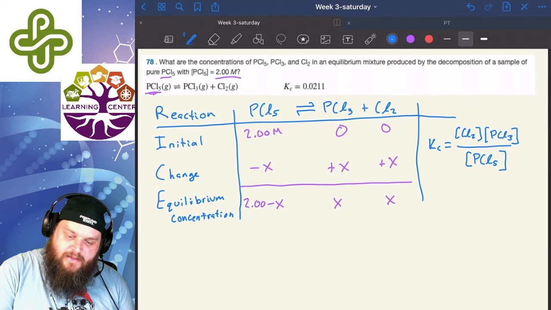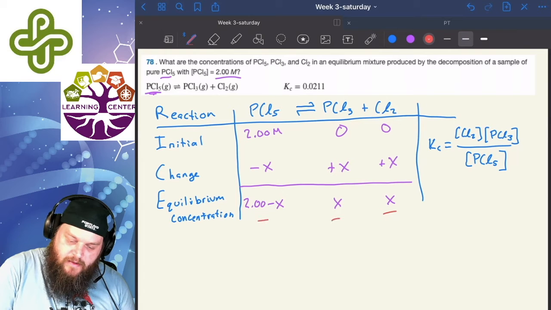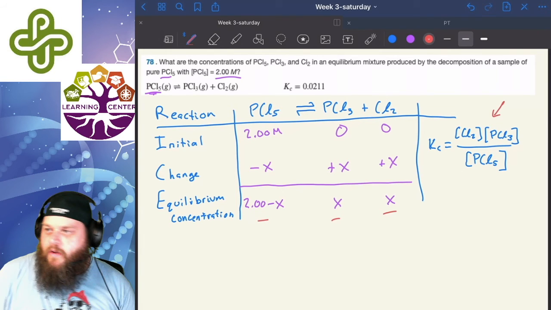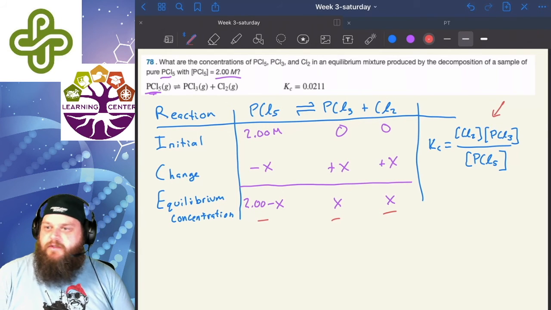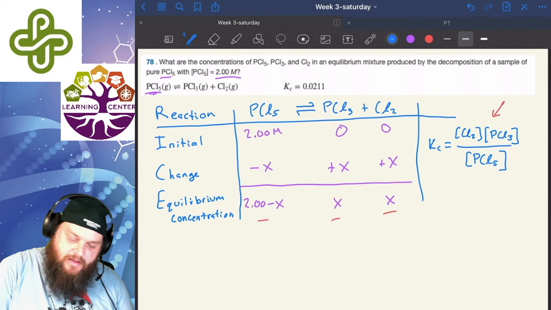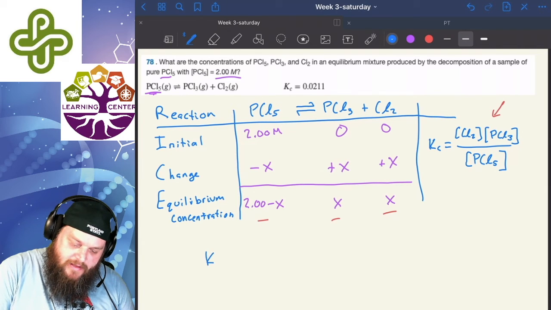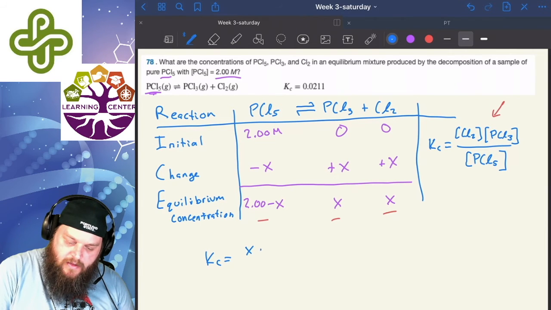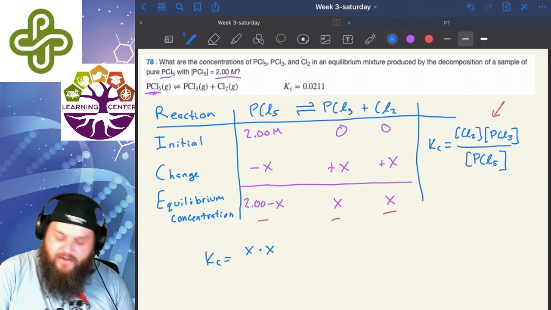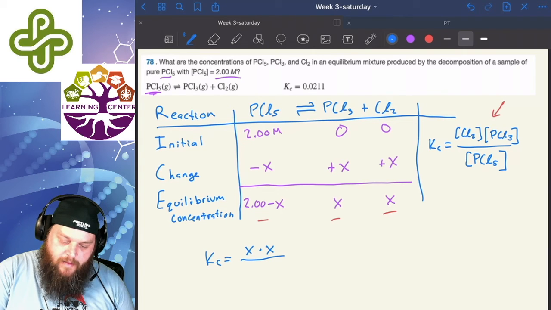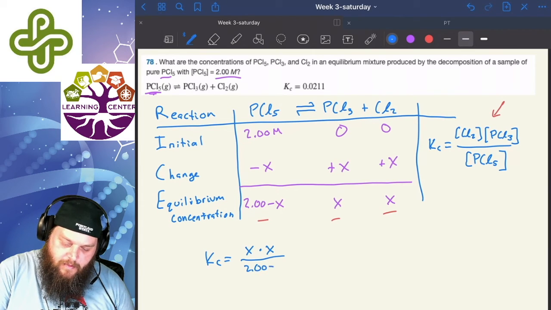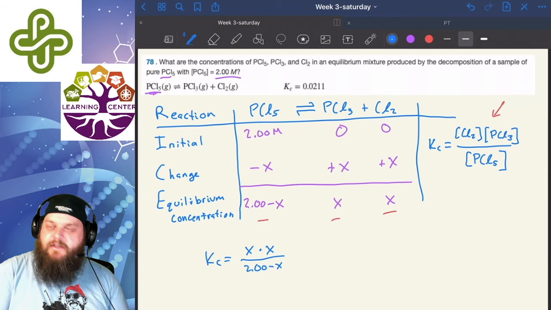Now, since each of these represent one of those, we can do some substitution. Then we can say that Kc is equal then to x, which is the concentration of Cl2, times x, concentration of PCl3, divided by 2.00 minus x, which is the concentration of PCl5.